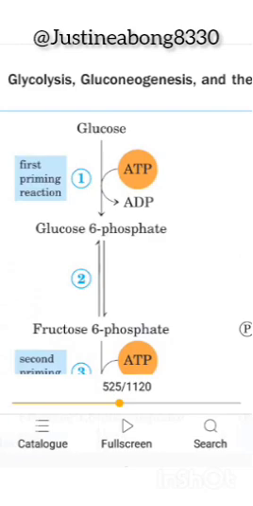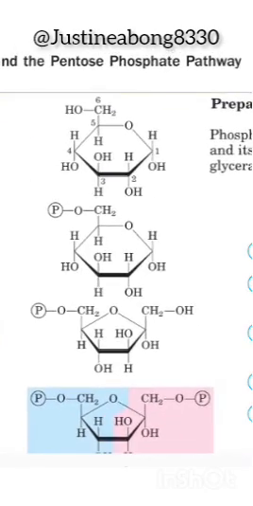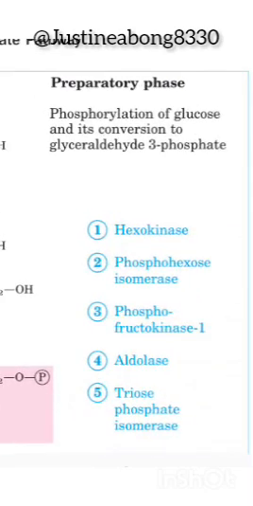In the first step, we were talking about the phosphorylation of glucose, which hexokinase does, and the synthesis of this hexokinase is being stimulated by hormones. And don't forget that enzymes have an active site where a substrate binds.